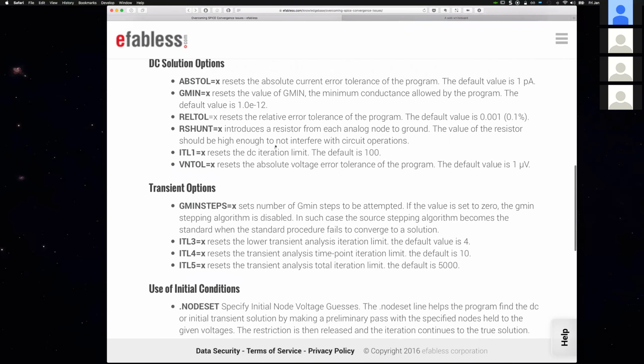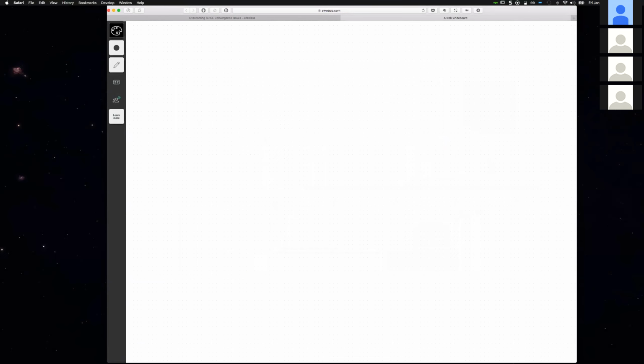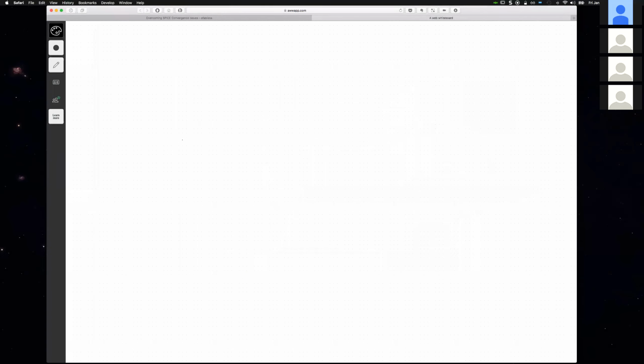My general recommendation is about the analyses. It's either DC, the operating points, or running a DC sweep, or an AC sweep or AC small signal model.